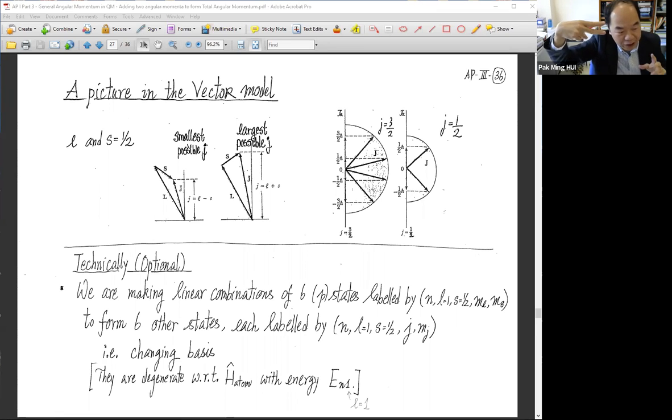Perhaps with this spin-orbit coupling, the energy of the J equals half state is different from the energy of the J equals 3/2 state. And that little splitting is due to this additional term of spin-orbit coupling. And that is, I think, half of the story about this splitting.